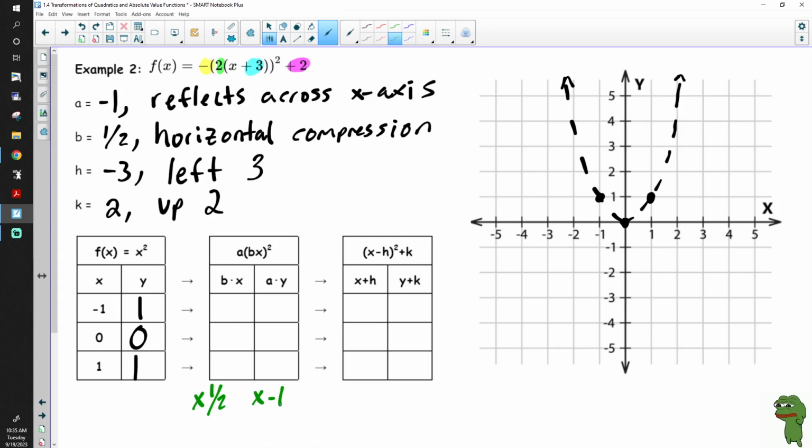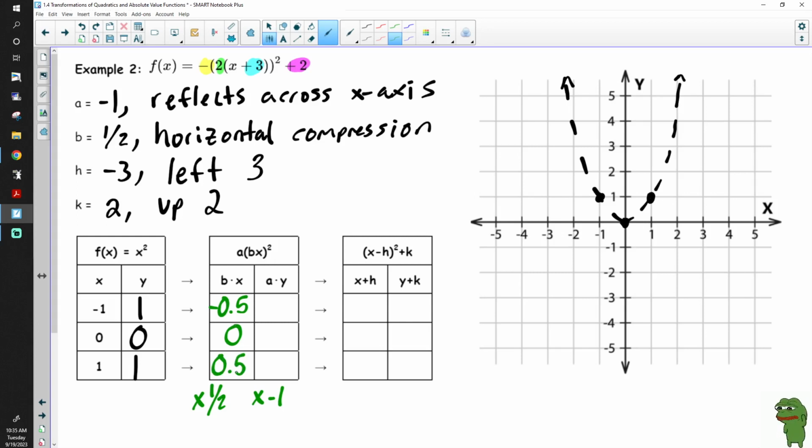So, let's multiply each of our x values by 1/2. What is -1 times 1/2? -0.5 or -1/2. Now we got 1/2 times 0, which is 0. And then 1 times 1/2, 0.5 or 1/2, both perfect.